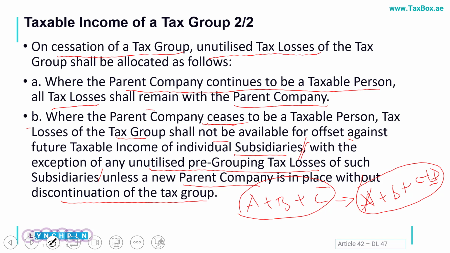In that case we can still continue. D would have the status of parent company, and we can still claim the tax losses here. But if the scenario is that with the ABC, A ceases to exist, C is separate and B is also separate, in that case we cannot claim any tax loss here which belonged to the period in which we were part of a group.